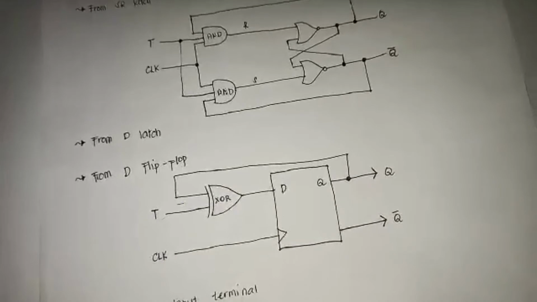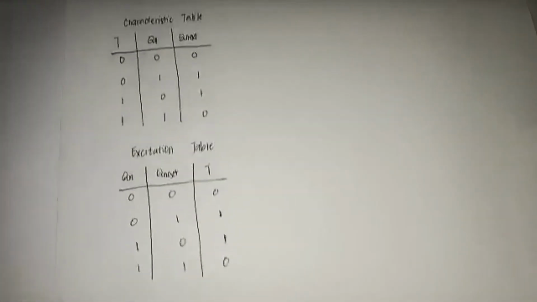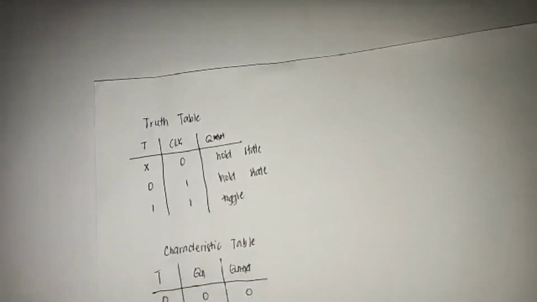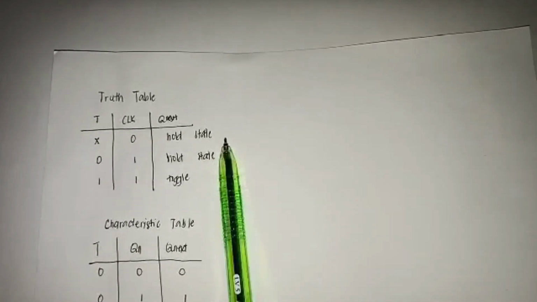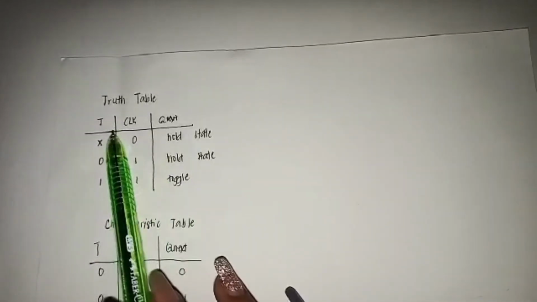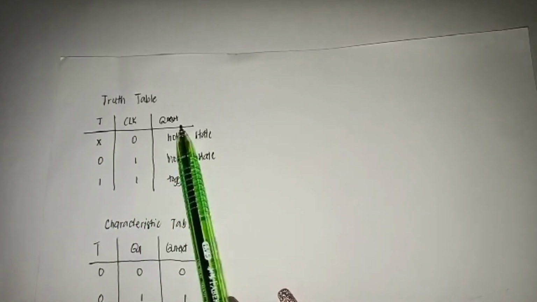Alright, next will be the truth table. The truth table determines the next output depending on its input. T represents the toggle, CLK is for clock, and Q is the output.